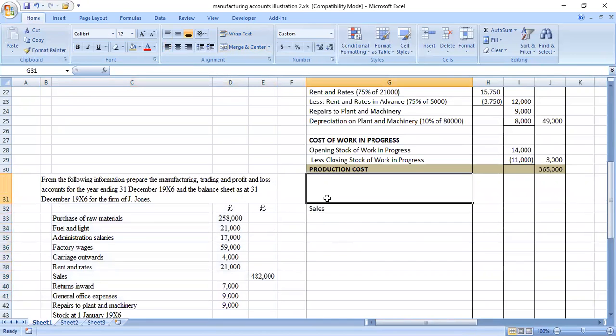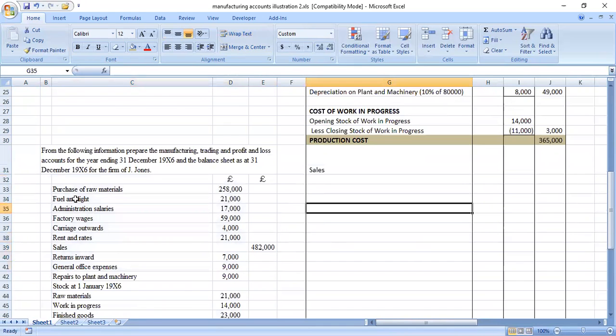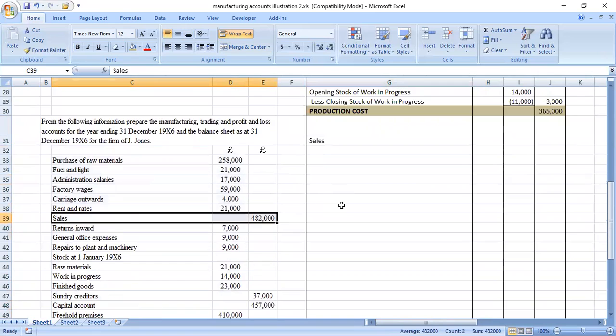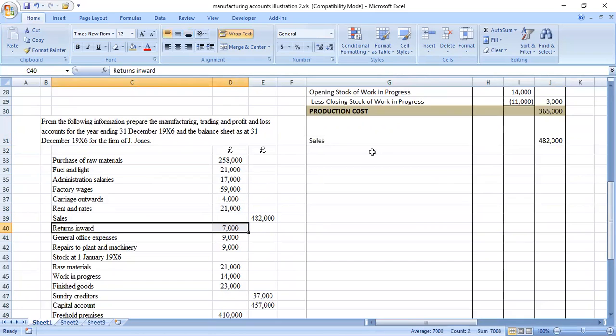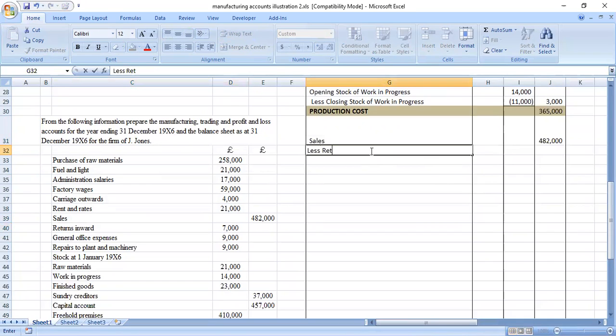So sales, the sales is equal to how much? Sales ziko wapi hizi? 42,000. Si ndio? Yeah, so tuziweke hapa, that is 42,000. And then we had some returns inwards. Returns inwards, you said we deduct them from sales to get the net sales. Si ndio? So less returns inwards.